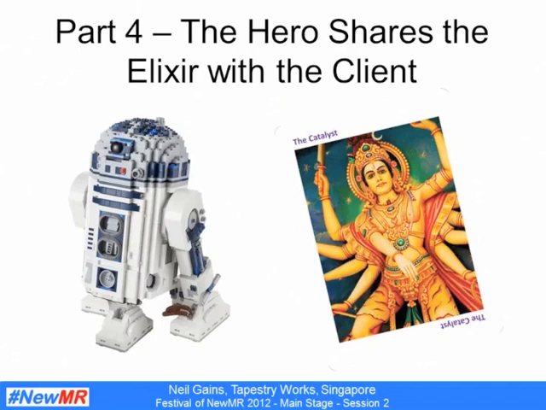So with that kind of elixir of understanding, how do we then think about sharing that with our client? And here is where we definitely need to sprinkle a little bit of the magic of story onto our data. So that's where we need a magician or a catalyst, as I would call it.